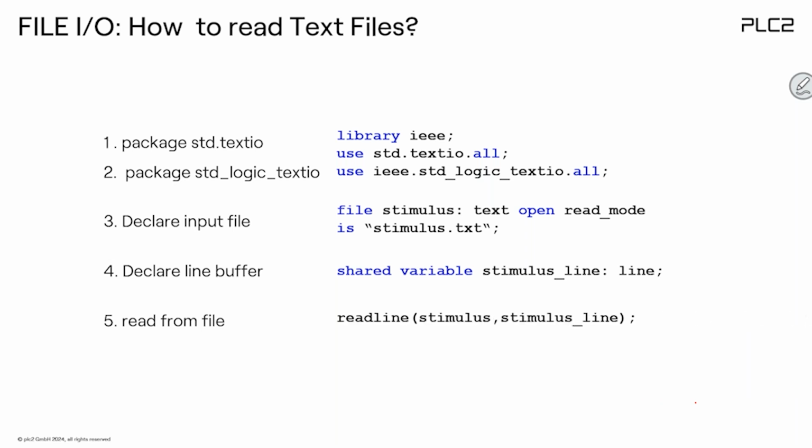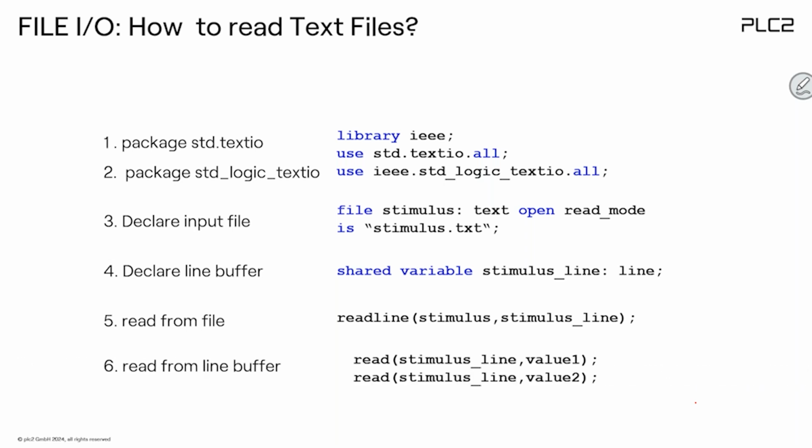So this is the opposite. We read the complete line, and then we empty the line by using consecutive reads. This is just the opposite of write. For the write, we first filled the buffer and then did the write line. For the read, we first read the complete line from the file and then empty it using the reads.